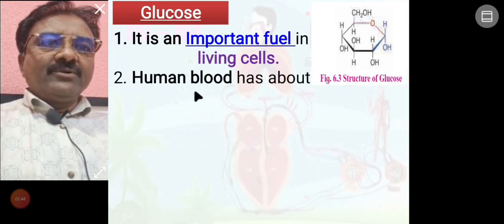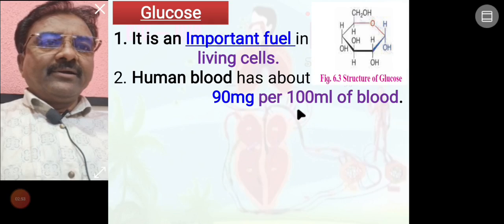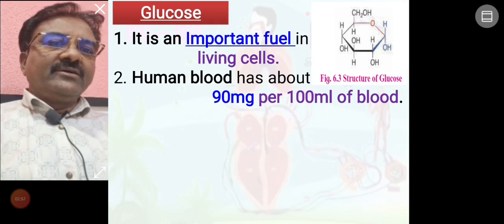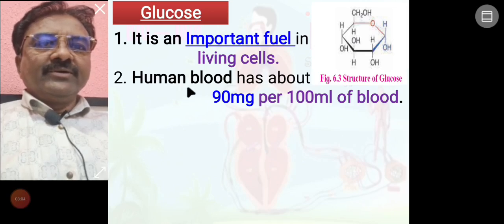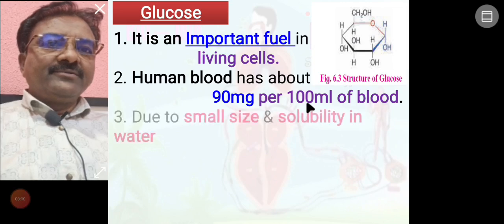Human blood has about 90 milligram per 100 ml of blood. This is the normal human blood range of glucose. Always remember, human blood has about 90 milligram per 100 ml of blood.